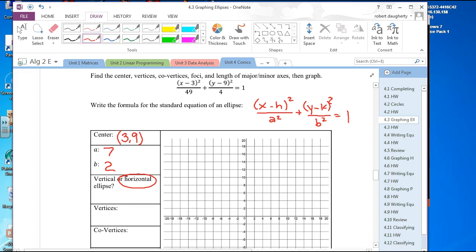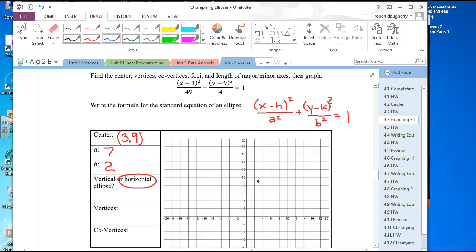So let's go ahead and graph what we know. The center is 3, 9, which is somewhere right here. Now, A is 7. What does that mean? From the center, I go 7 right and 7 left to find the vertices.